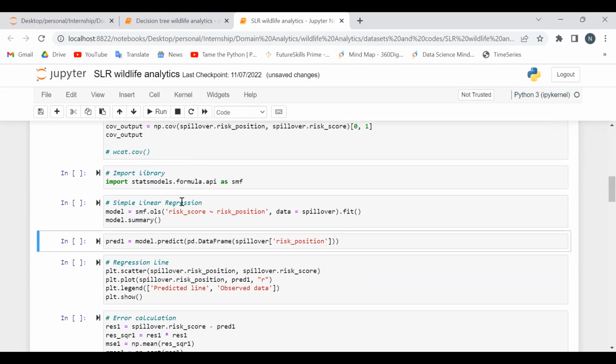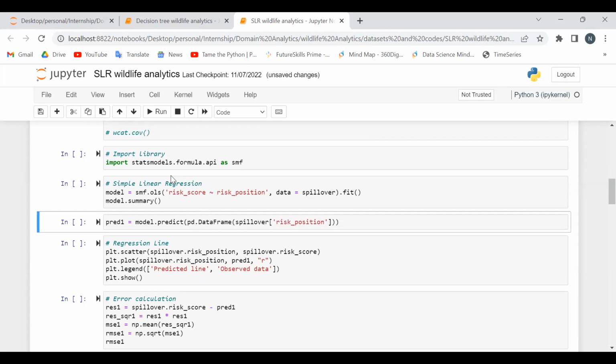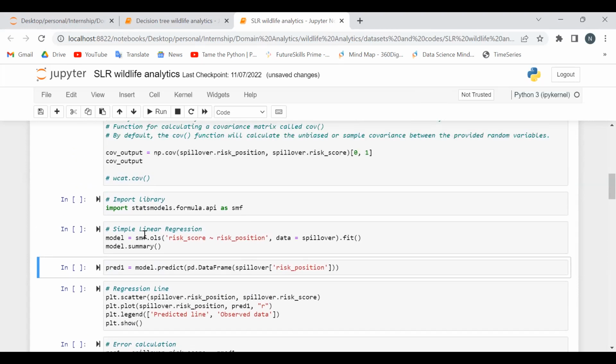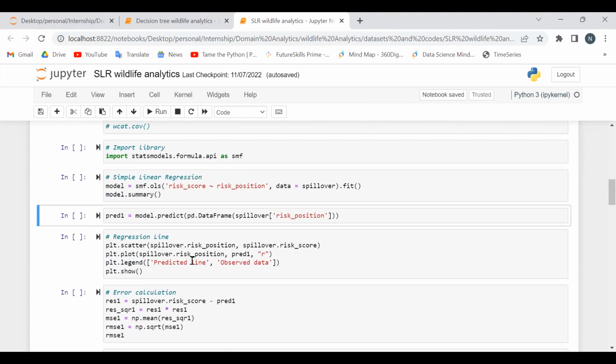So first, we input the model, and we fit the model and call the model summary.